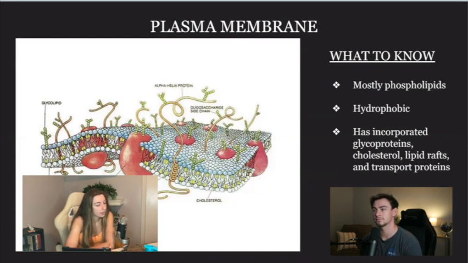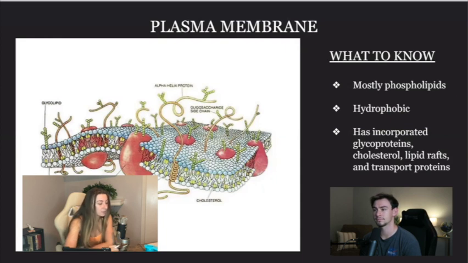Just remember that eukaryotes have sterols and glycolipids, whereas bacteria or prokaryotes are going to have peptidoglycan, that peptidoglycan cell wall, incorporated with their plasma membrane. I wouldn't have thought that was high yield, but it was on a question, so I just want to mention it.